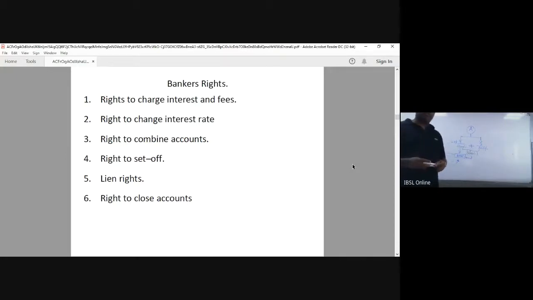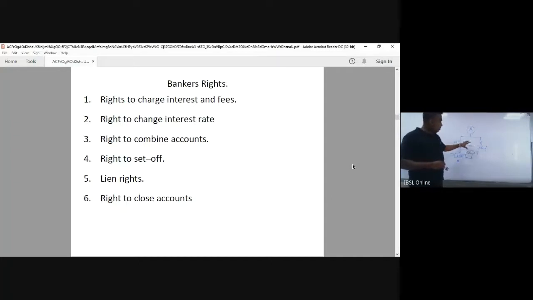Combination of account. This is just one example of how we can combine accounts, the bank's right to combine accounts. There can be other scenarios also. So in a combination of account, normally the benefit goes to the customer, not to the bank.